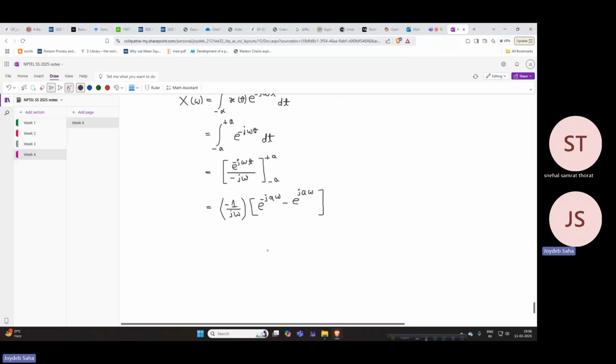And incorporating the minus inside, we can write 1 upon j omega times e to the power j a omega minus e to the power minus j a omega.